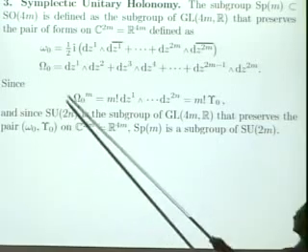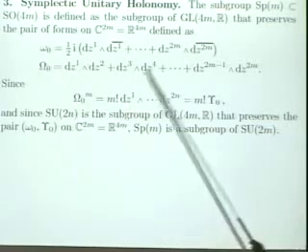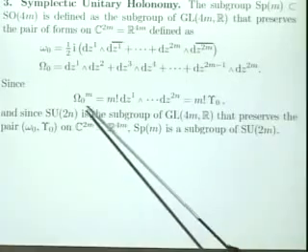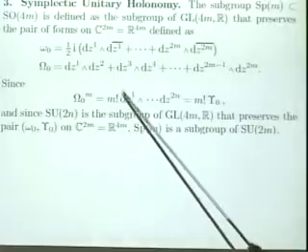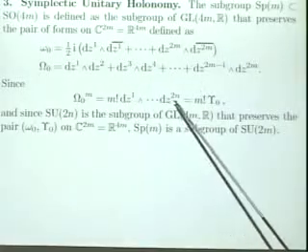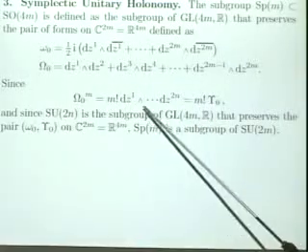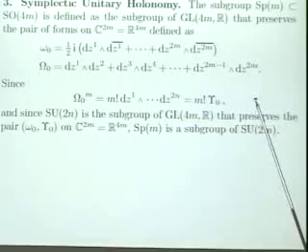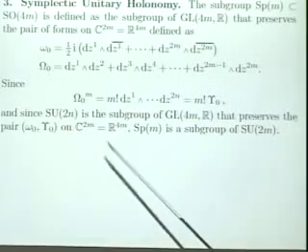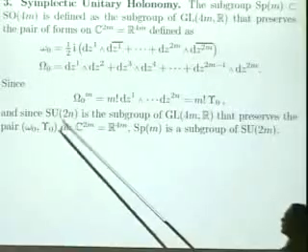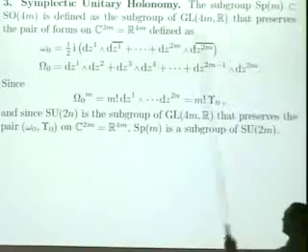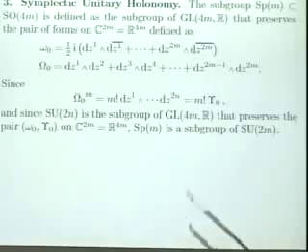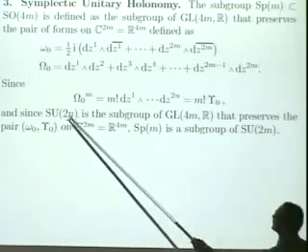If you take the mth power of this complex symplectic form and divide by m factorial, you'll get the wedge product of the dz's, which is of course the holomorphic volume form. So in particular, anything that preserves these two forms preserves the holomorphic volume form. So this guy is a subgroup of SU. Sorry, that should be 2m there, not 2n.